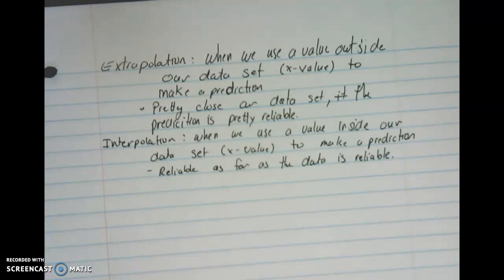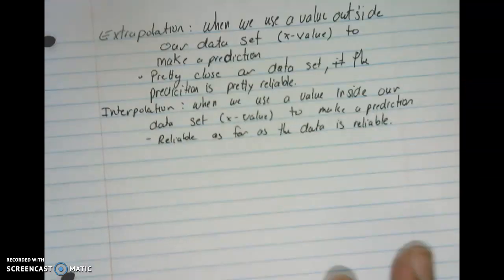Okay. All right. So, speaking of reliable data sets, would you say that our scatter plot is resistant to outliers?